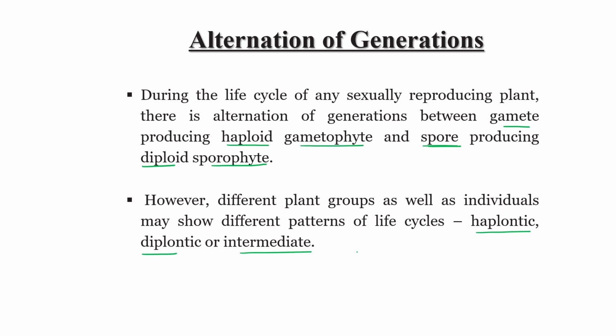Because in any type of sexually reproducing plant, there are two types of phases. One is the haploid phase or gametophytic phase, another is the diploid phase or sporophytic phase. So each group of plants has one of these three life patterns.